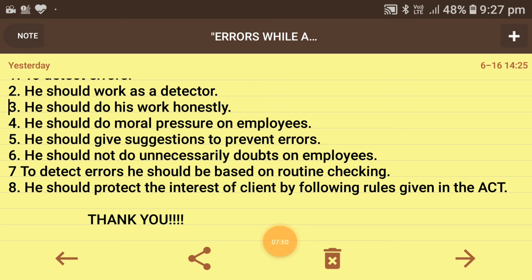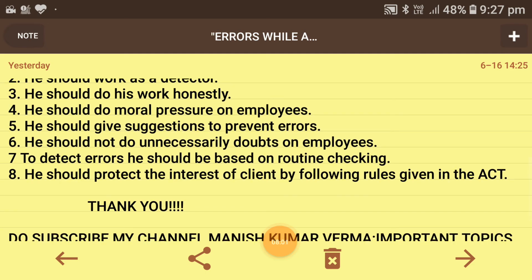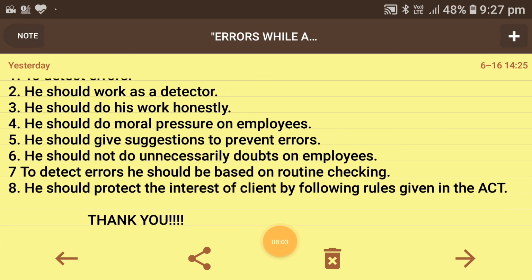Next, he should protect the interest of the client by following the rules given in the act. The interest of the client should not be violated by an auditor. The most important task for an auditor is that he should not perform any work by which the interest of the client, of the people, or of the employees working in that office would be affected.